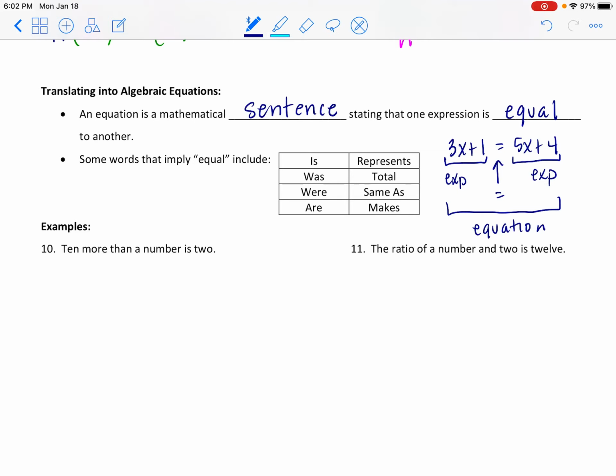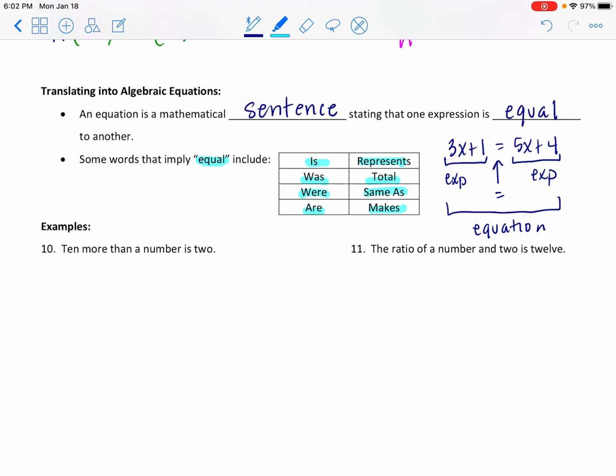If we're going to translate into an equation, it means we're looking for some word in our sentence that's going to give us the word equal, that's going to tell us we're going to make an equation. Not just a period for punctuation, but if we see the words is, was, were, are, those are all just different tenses of the word is, or represents, or total, or same as, or makes. Those are all going to tell us that we need an equal sign to make an equation of two expressions.